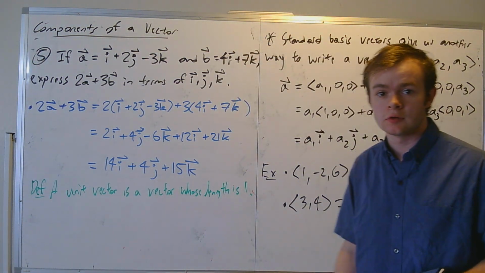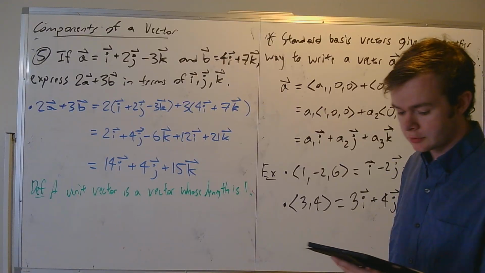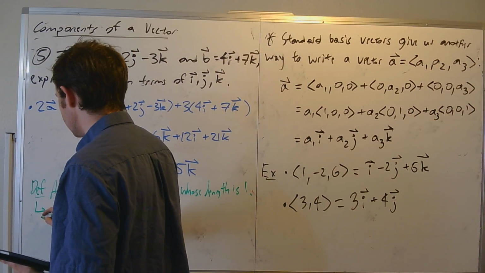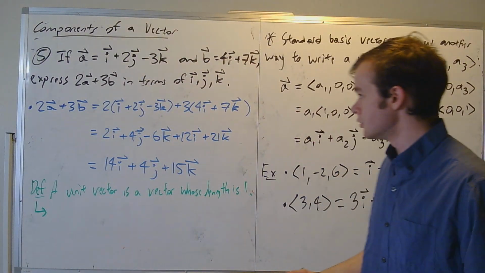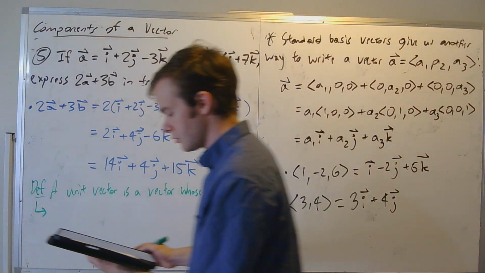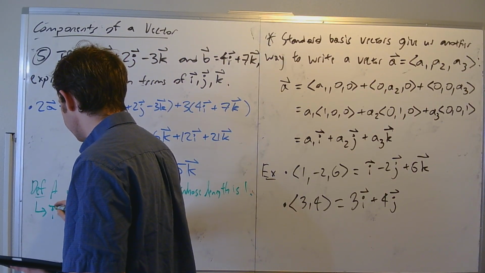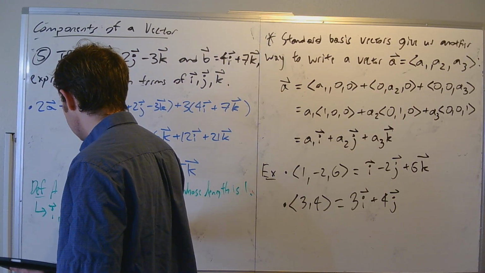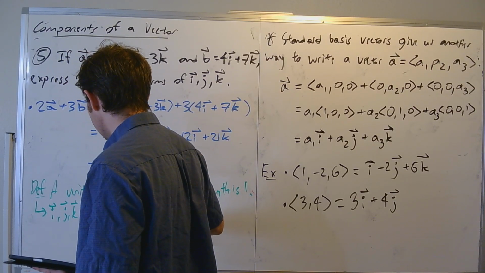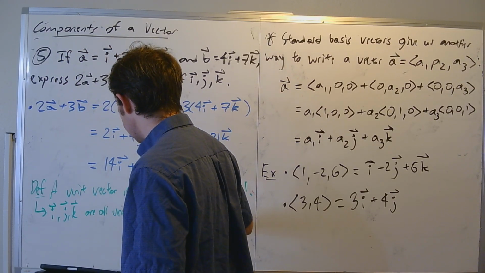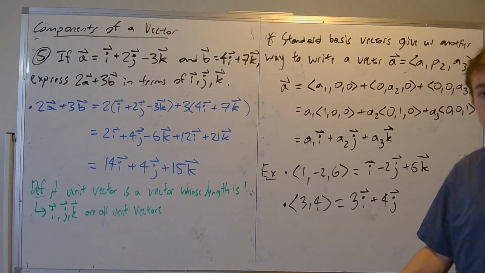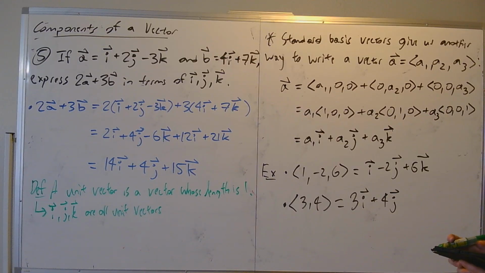Right? So if we have a vector of length 1, we're going to call it a unit vector. So we've actually already talked about 3 unit vectors. And it turns out the 3 unit vectors that we've already talked about are exactly i, j, and k. Right, so if you see the name unit vector, that just means a vector of length 1, and we've already talked about 3 of those.